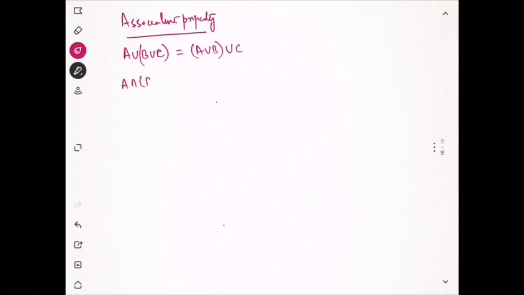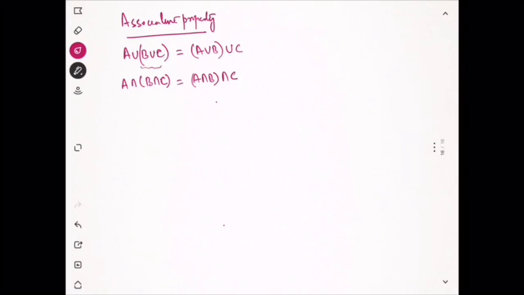Next is the associative property. What do you mean by this associative property? That is, A union B union C is nothing but A union B, union C. And in the case of intersection, we have A intersection B intersection C is nothing but A intersection B, we will operate this, then intersection C. That means in the bracket these things will be operating first.